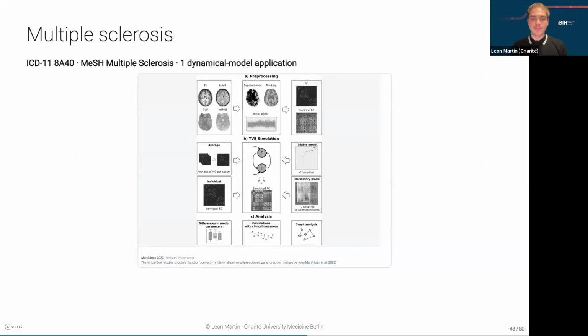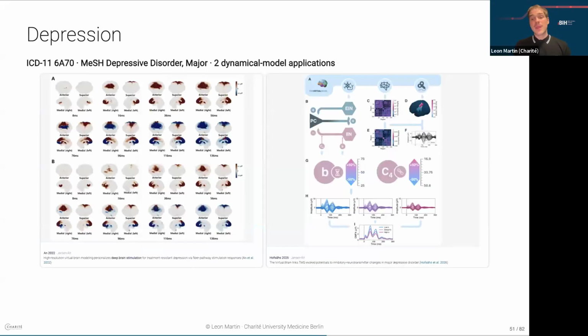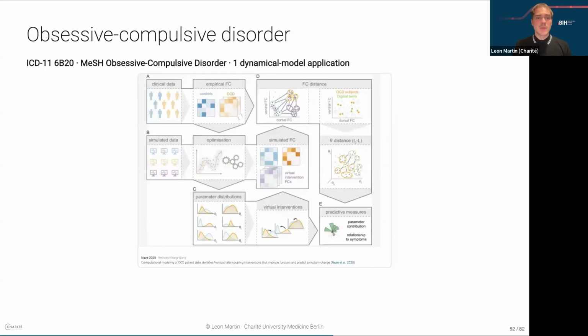Also, our colleagues have shown that we can model pathologies in MS, traumatic brain injuries, disorders of consciousness, depression, TMS, so stimulation in depression, and how the response of the stimulus, the stimulation evoked potential, looks different in patient groups, and OCD as well.